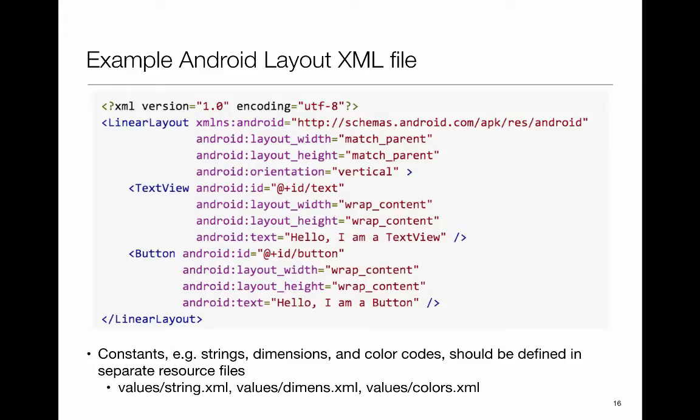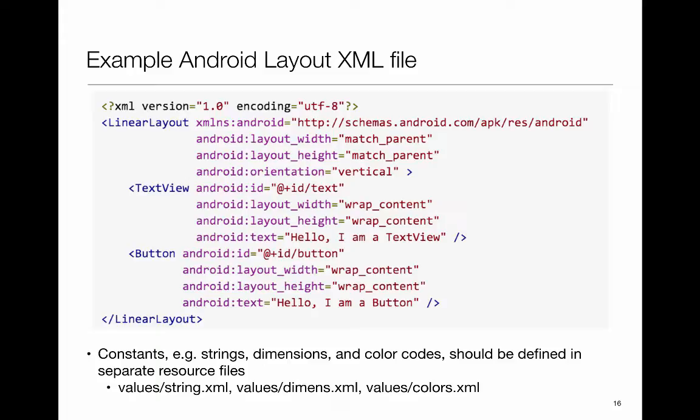So this is an example of an Android layout XML file. As you will also see later on in the demo, this is how you basically define a UI. In this one, it's pretty simple. It's just a linear layout, which is vertical, and it contains two parts. The first part is a text field, like a label, which says hello, in a text view, and the next part is a button, just something the user could click.